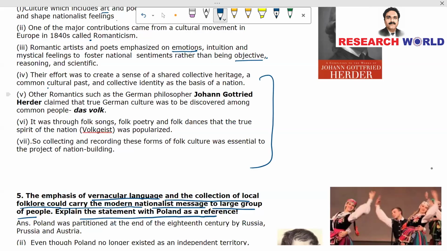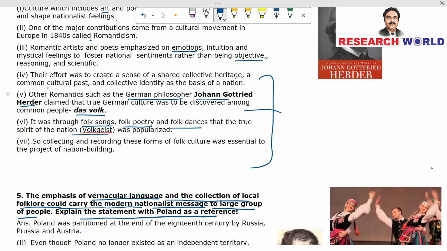In extension to that, we did talk about German philosopher Johann Gottfried Herder, who emphasized folk songs, folk poetry, and folk dances, so that the true spirit of the nation, that is, Volksgeist, was to be popularized by thus volk, that is, common man. This is something which we have already discussed.